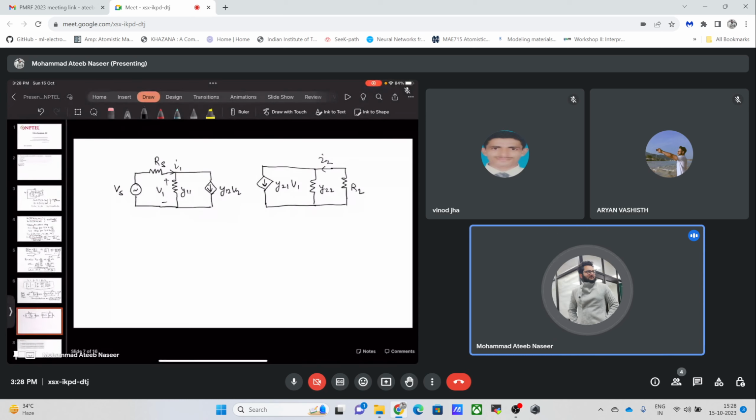We are trying to drive this resistive load, for example.